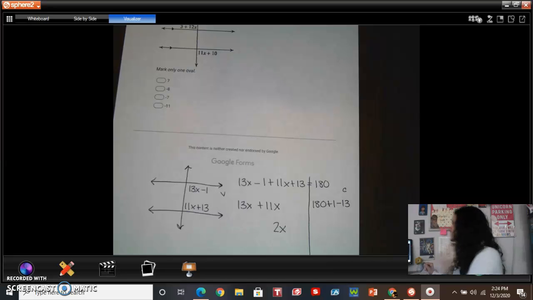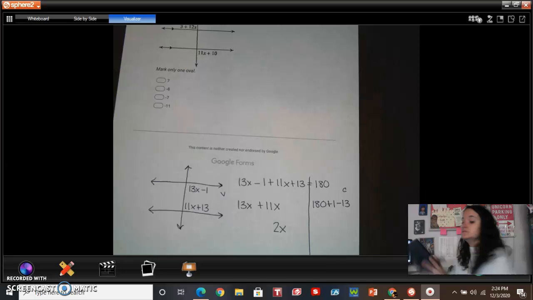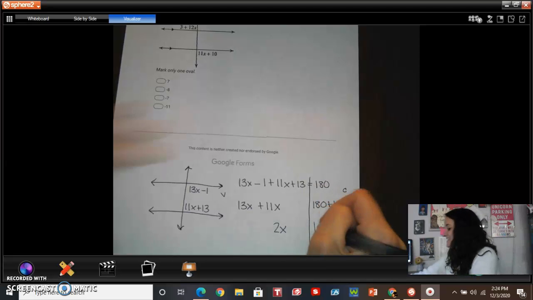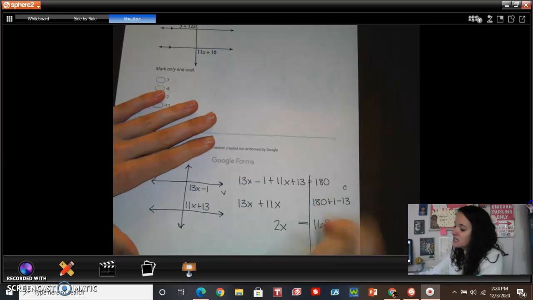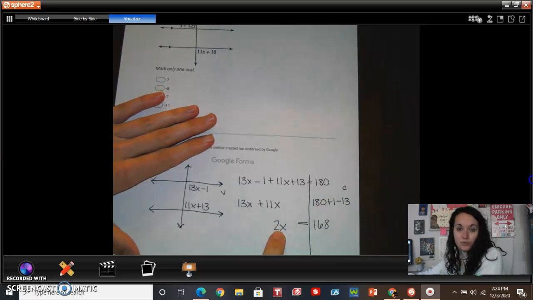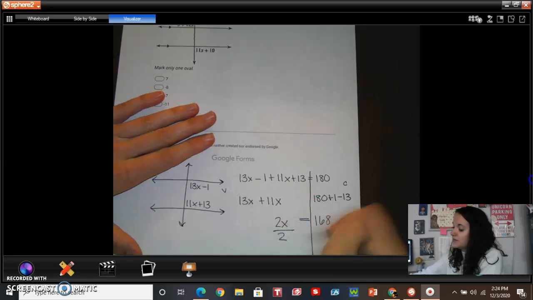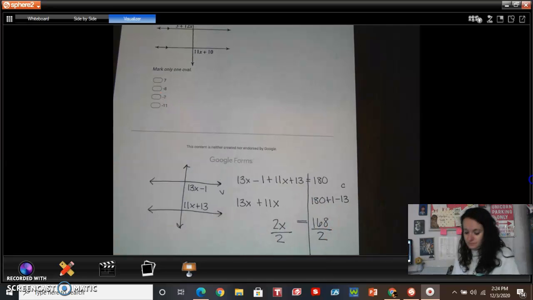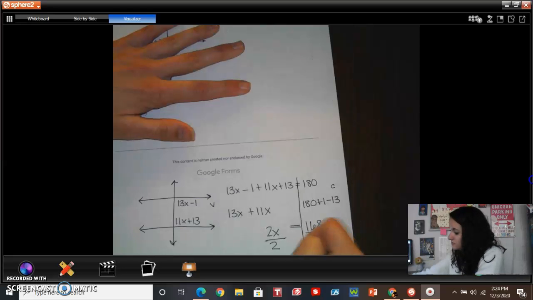Nope, 168 maybe? Stop trying to do math in your head. 168. Alright, and then anytime you have a number written right next to the variable, the way you get rid of it is you divide by that number. So we get x equals 84.